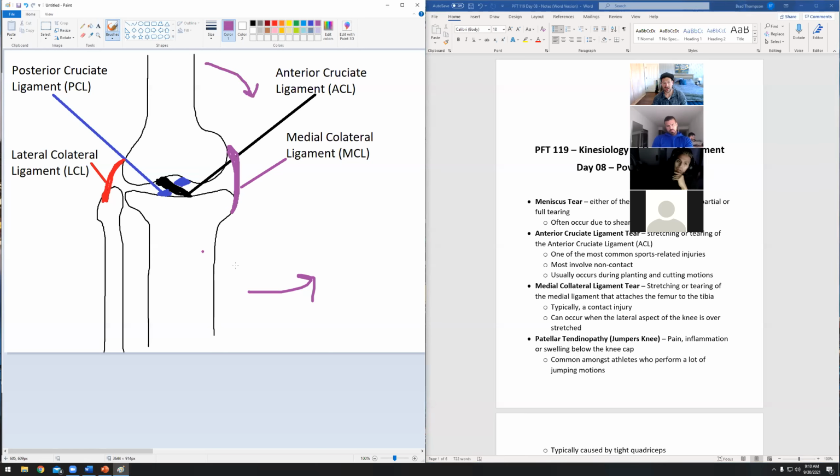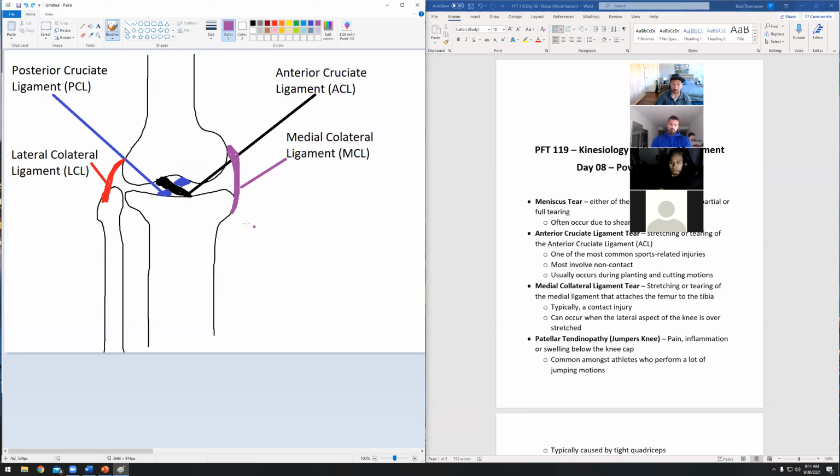That's going to cause this whole area to kind of swing. This one's going to go like that, and this one's going to go like that. Now this portion of the ligament is going to be pulled upwards, and this portion down here is going to get pulled downwards. So what's going to happen? It's going to get overstretched and it's going to tear. And that's how ACL injuries happen.